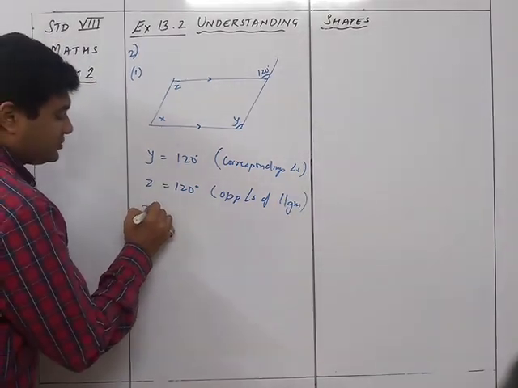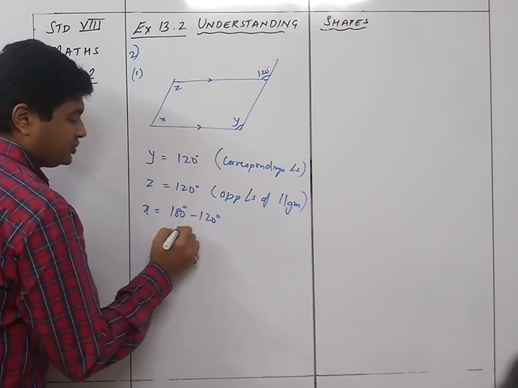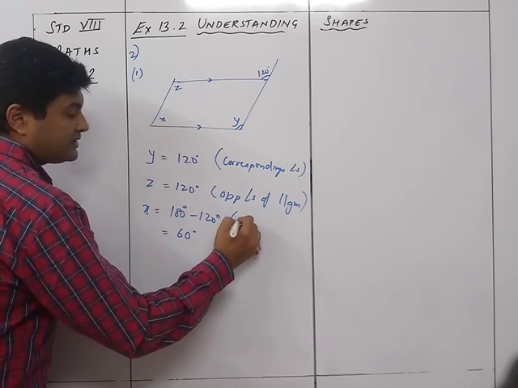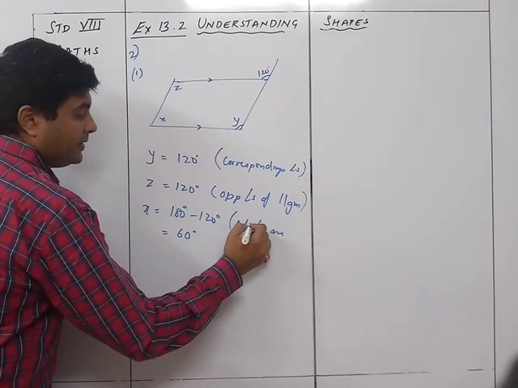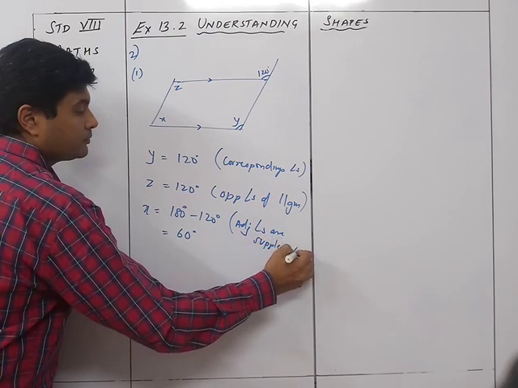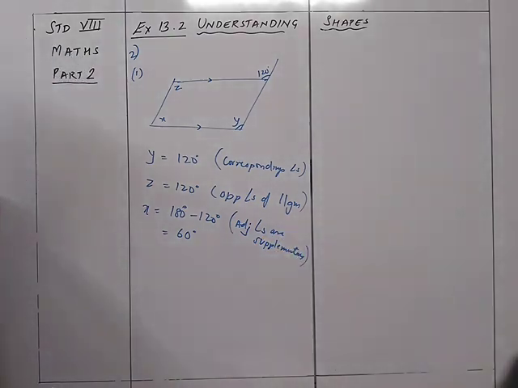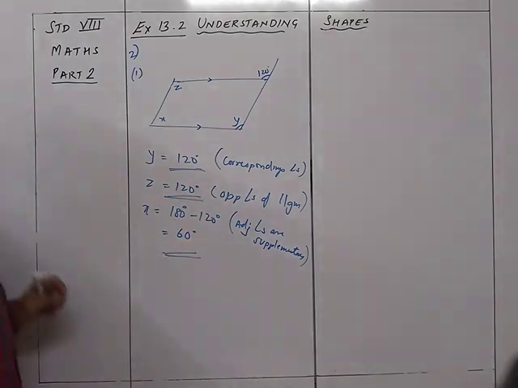And finally x will be equal to 180 minus 120 is equal to 60 degrees because adjacent angles are supplementary. Okay, so that is x, y, z, 60, 120, 120.